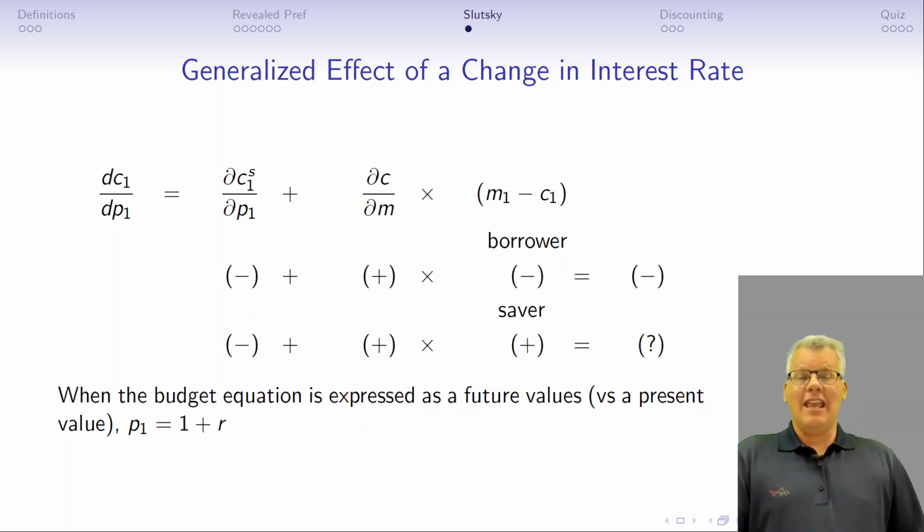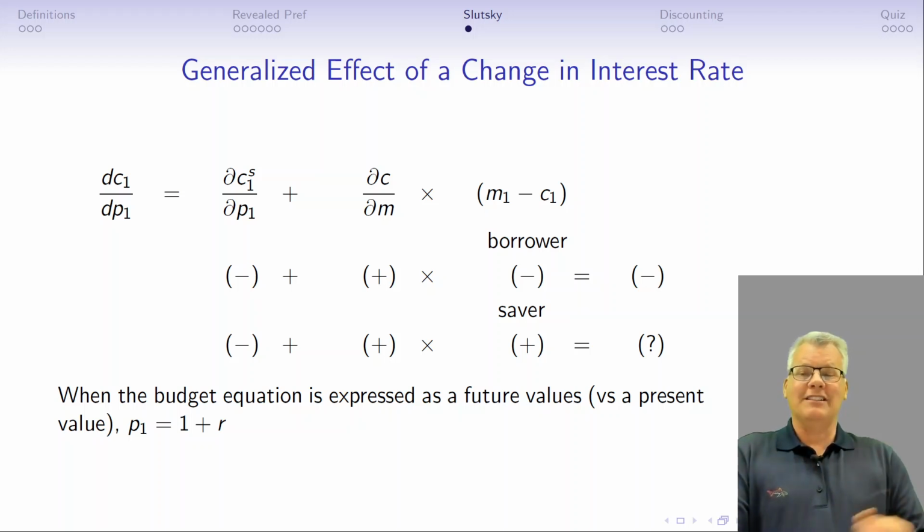What I can say is for borrowers, that's the third line in that matrix, the substitution effect is negative. We add to it the positive income effect times the negative term, M1 minus C1. So a negative plus a positive times a negative. A positive times a negative is globally negative.